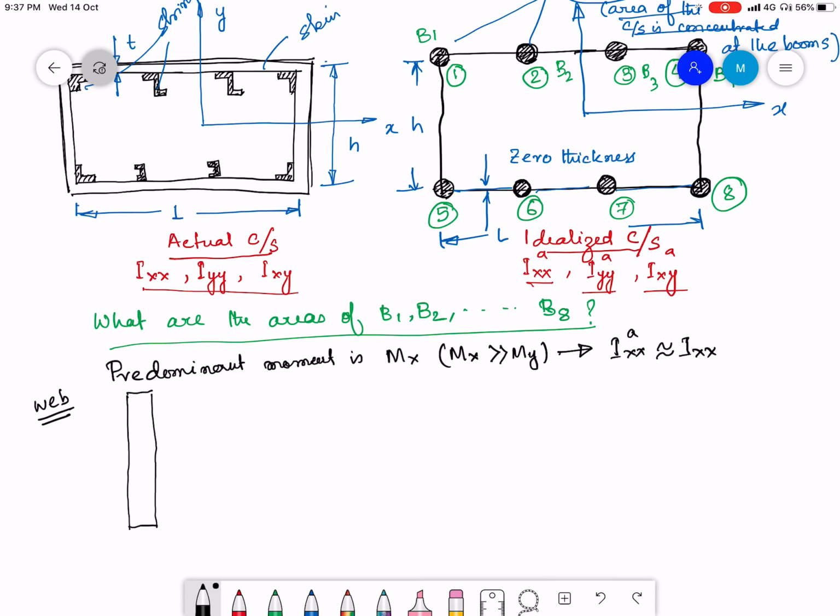So this has a certain length which is h, and a thickness t.